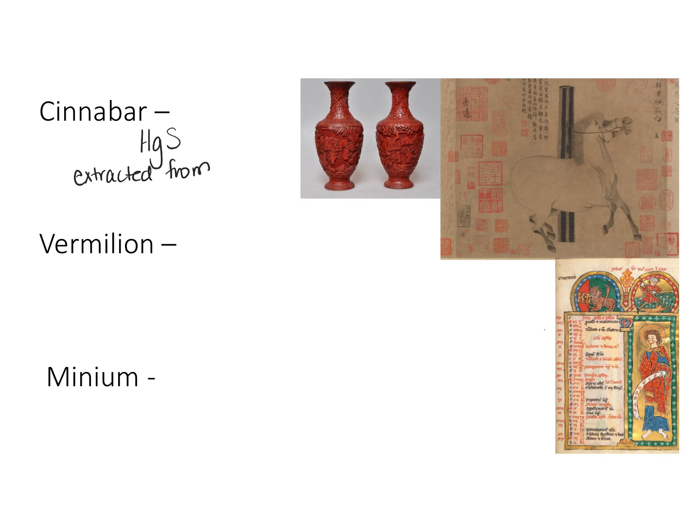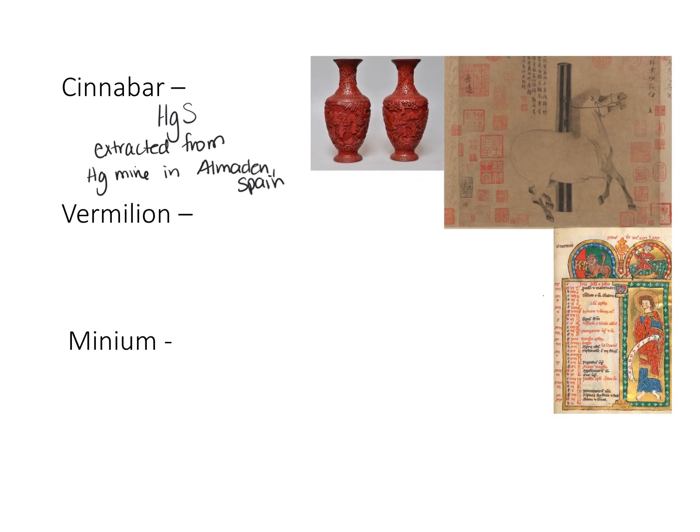Just a couple years of breathing the mercury fumes, working in the mine would cause a really slow and painful death. So it was a really beautiful pigment, but also very deadly.